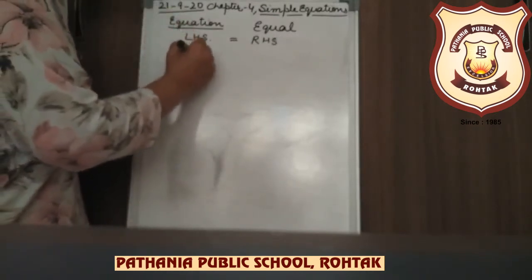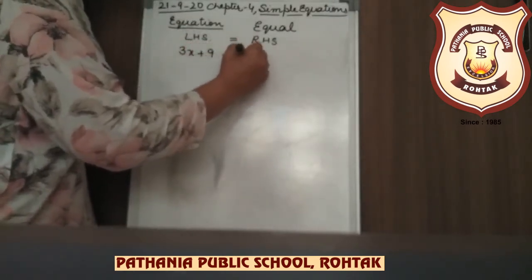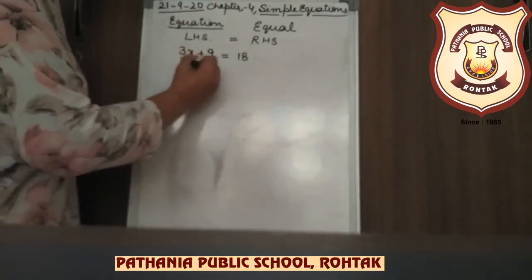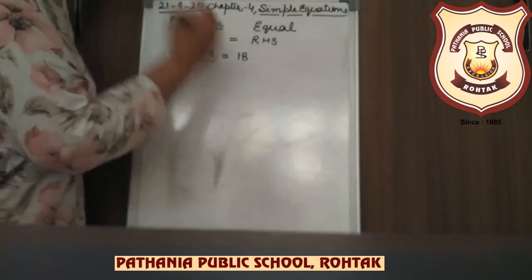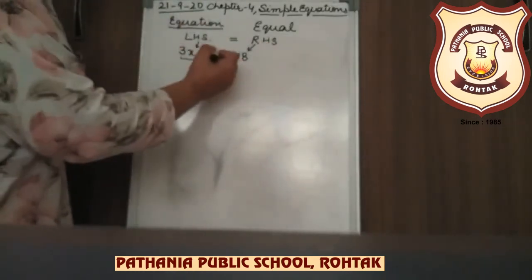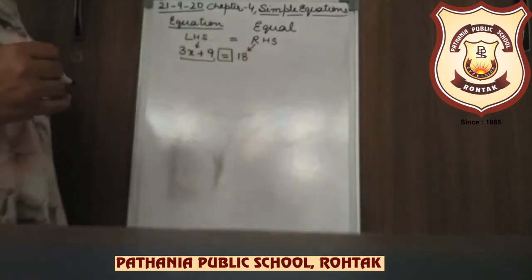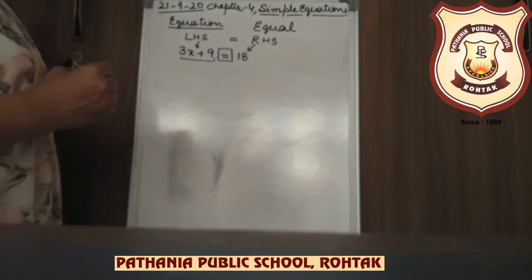If I write 3x plus 9 is equal to 18, this part is the left hand side and this part is the right hand side, and there is a sign of equality in between these two sides. Clear?